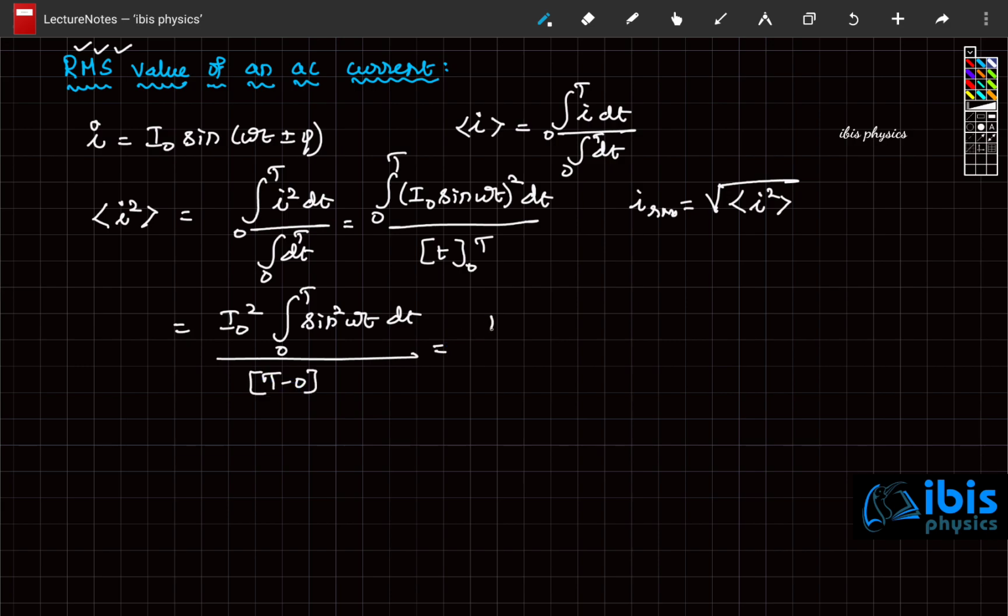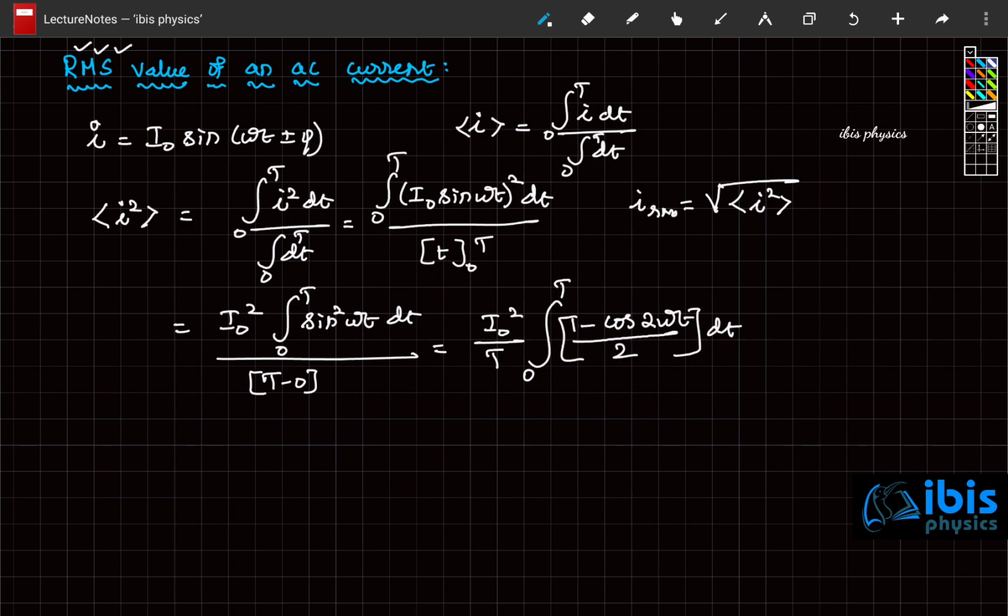So I naught square by T times the integral, and sin square can be integrated by writing it as (1 minus cos 2 omega t) by 2 into dt.